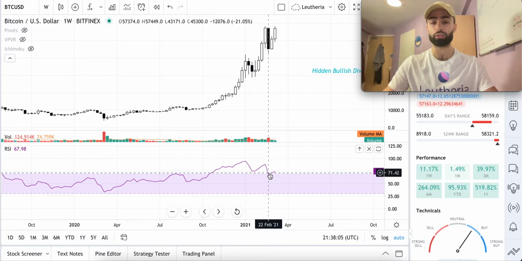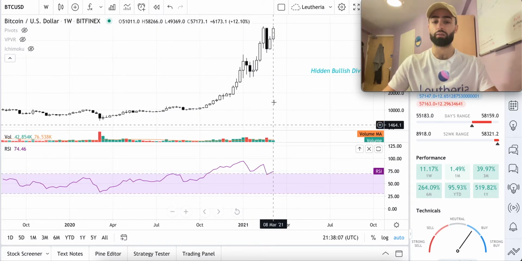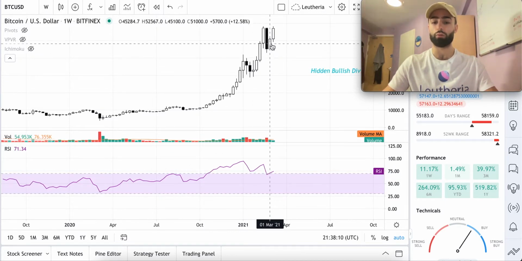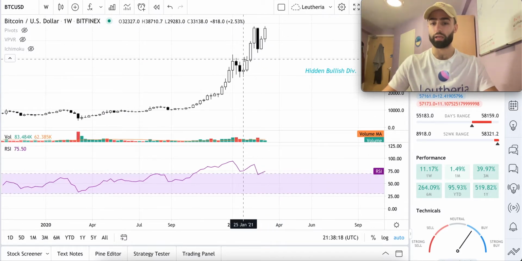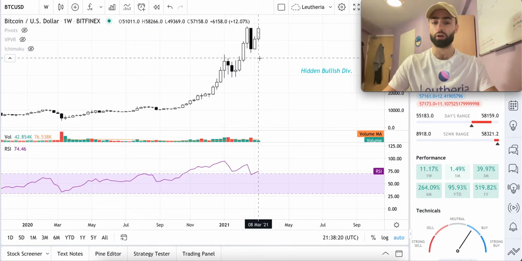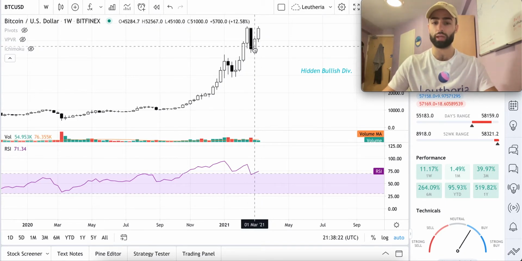Well, not actually, because if we think about this, the price is telling us, well, I'm overriding you, RSI. I'm still strong. I'm still bullish. And so this is a buy signal. And so when does this become a buy signal? Well, this becomes a buy signal the moment that we have, once again, an inside bar for this week of March 1st.